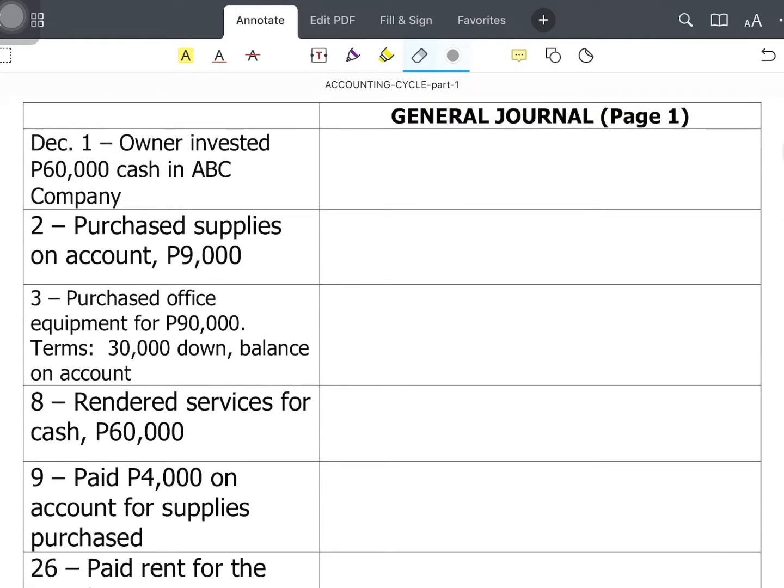So now that you have an idea of what account titles to use, you can now journalize. And for this one, I will not be guiding the analysis anymore. I will just journalize these transactions.